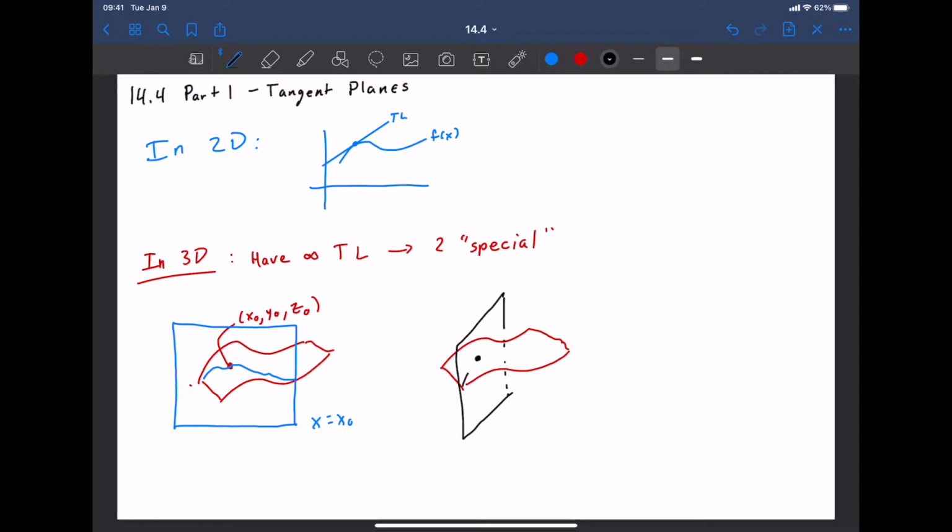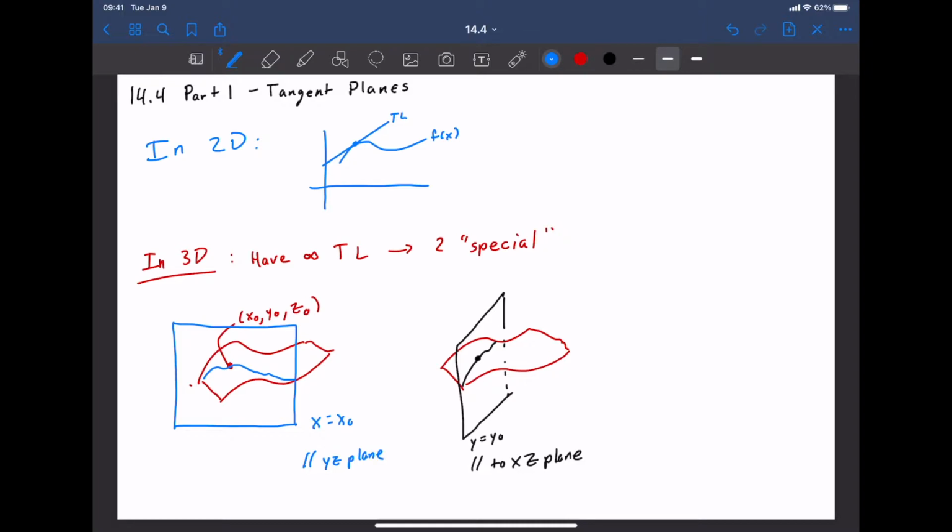And that would give us a curve like this, maybe. Now, each of these curves, so this would be the plane y equals y naught. This is parallel to the xz plane. This is parallel to the yz plane.